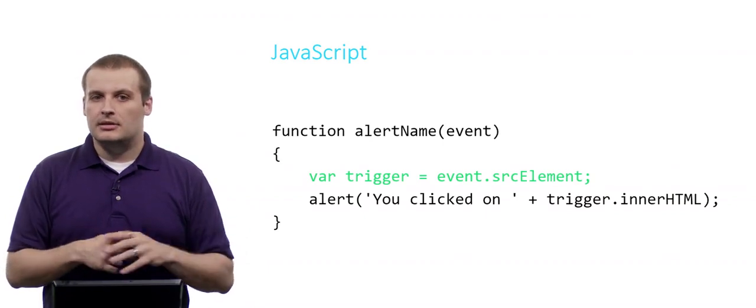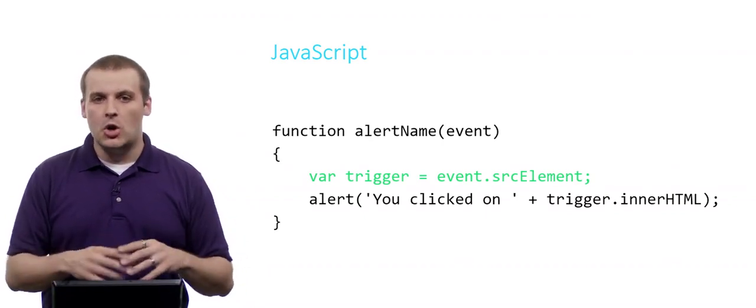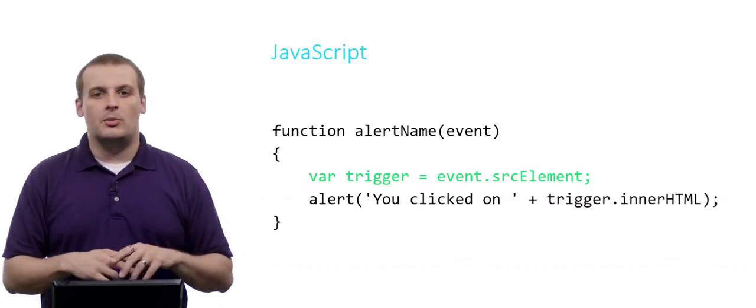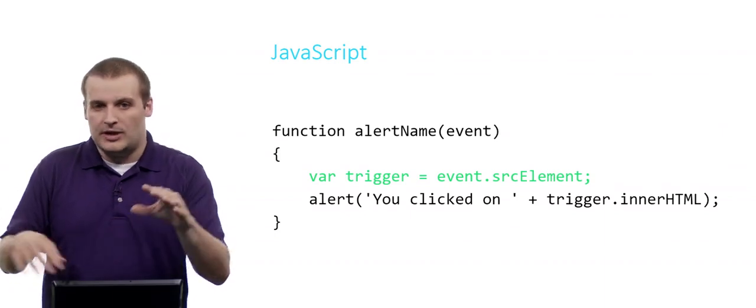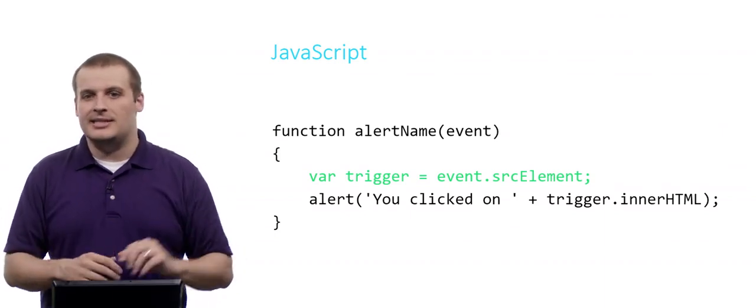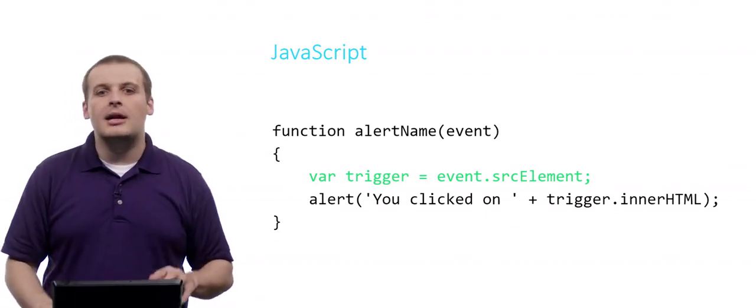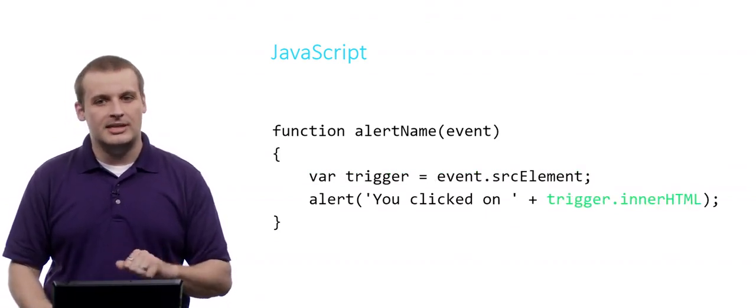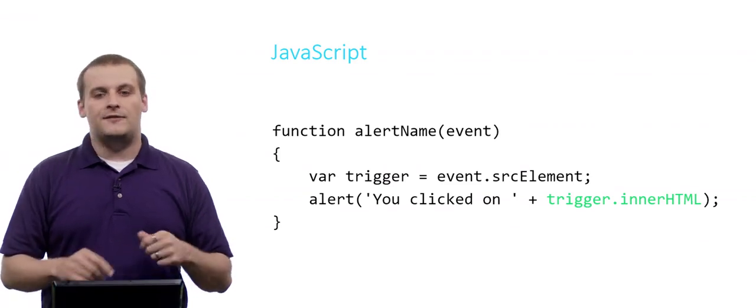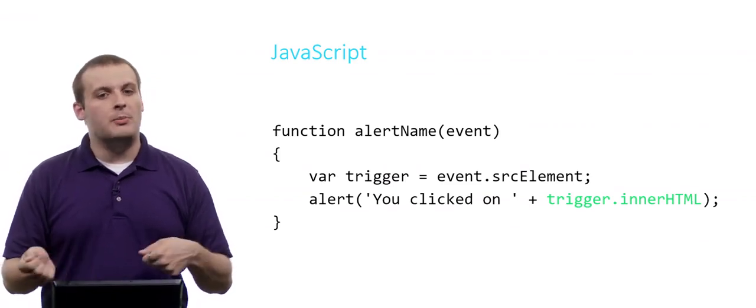Because again, this is automatically generated. The page knows which button we touched. And so basically what's happening here is that button, whichever one of the two it was, is getting passed into this function. Then, and you'll see a little bit more of this when we talk about the document object model, I can access that trigger's inner HTML to figure out which button was clicked.